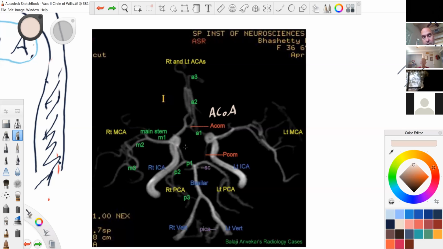The ACOA is not only tiny, but it's also like a millimeter long, so not easy to find. You can see that the ICAs are quite large here coming in. And then you can see the carotid siphon.